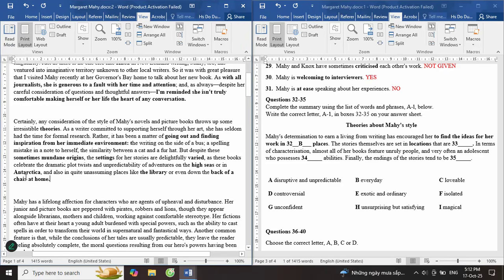High sea and Antarctica are words talking about places that are far away, right? While a library and the back of a chair at home are places close to us. And now we have to find a word that describes all these places that we talk about.